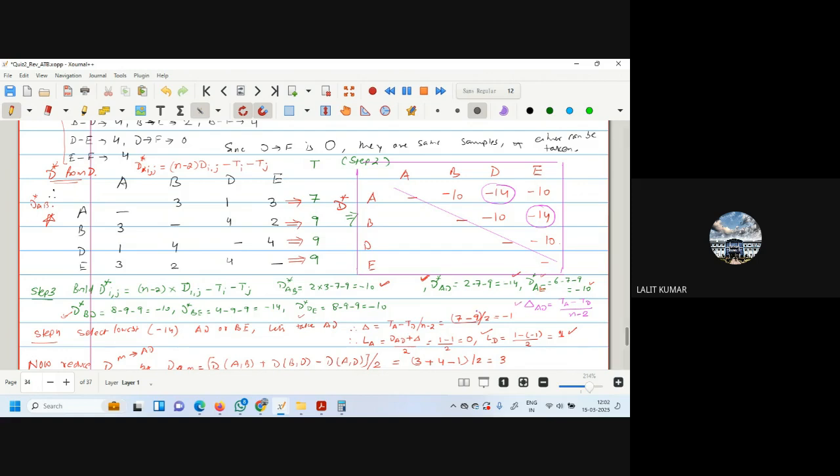The second step is that you can find the limb lengths of A and D. LA is equal to (DAD plus delta) divided by 2, and LD will be (DAD minus delta) divided by 2.